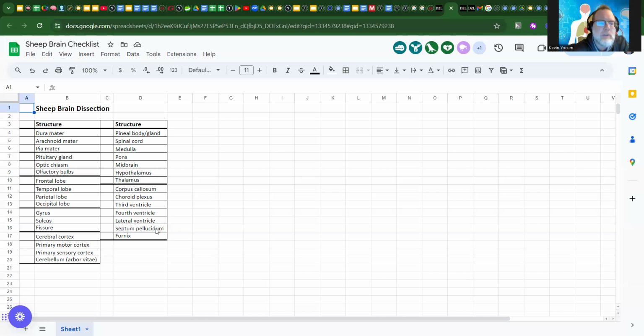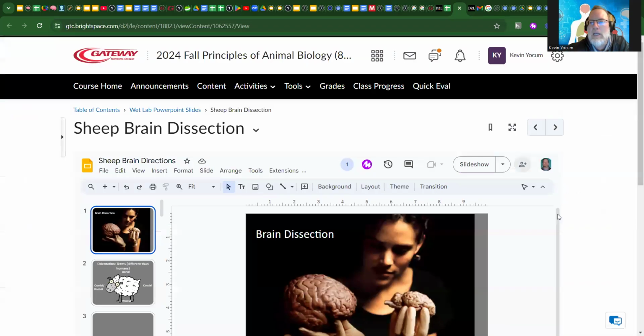And then pellucidum, we see this in the middle. Lucid basically means a clear window. So this is kind of like a window, basically. It's a clear wall. So you'll be able to see the septum pellucidum as well. And then lastly, the fornix. So anyhow, those are the structures that you're going to see.